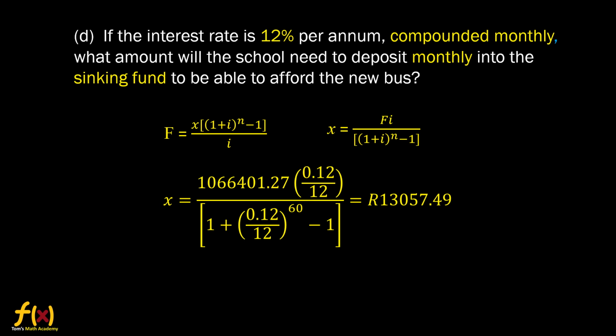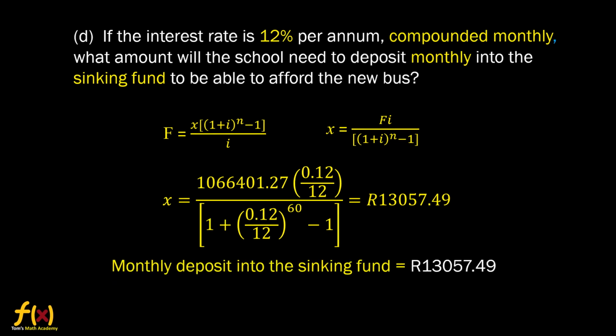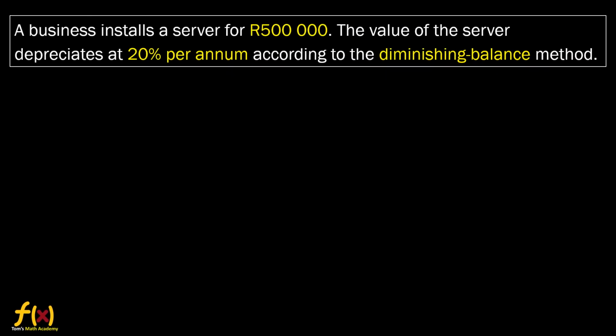Calculate the scrap value of the old equipment or old bus, then the new equipment, then subtract, get the sinking fund value, then you calculate the monthly installment. 4 questions in one. So monthly deposit is 13,057.49.